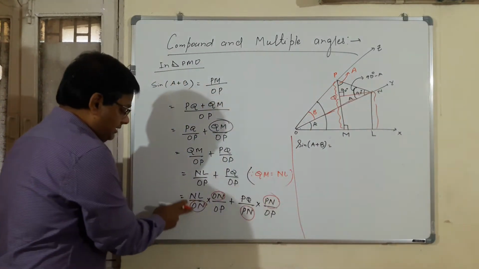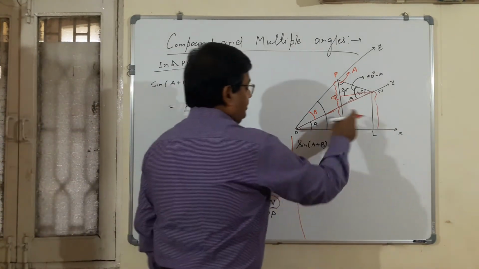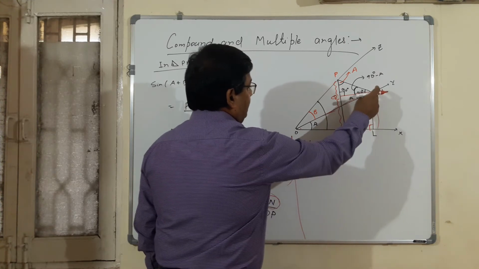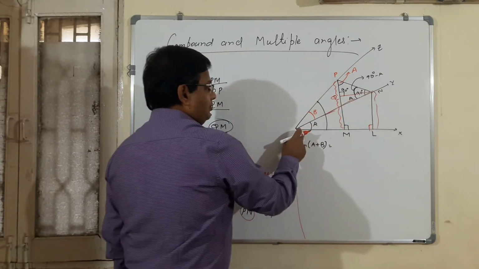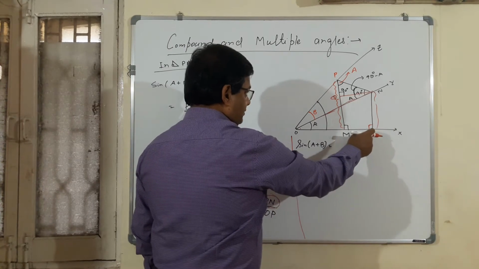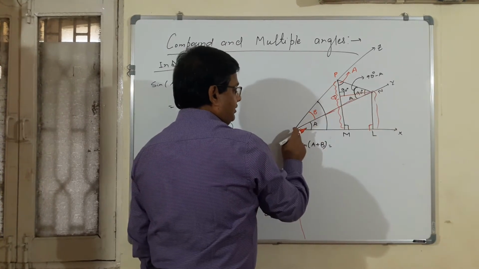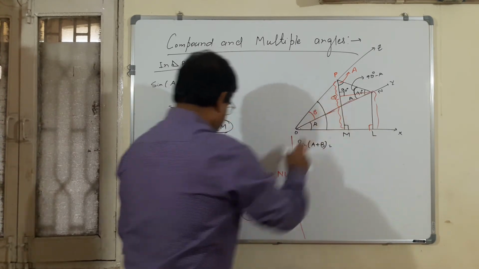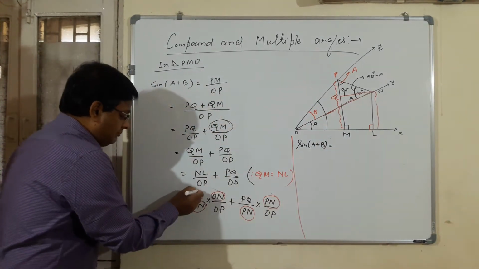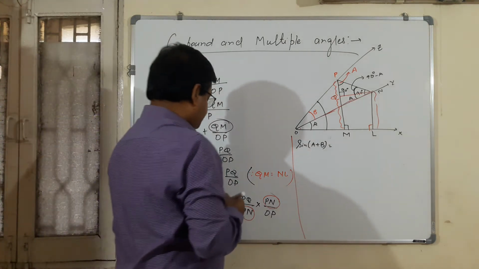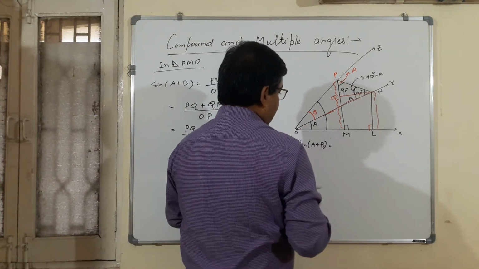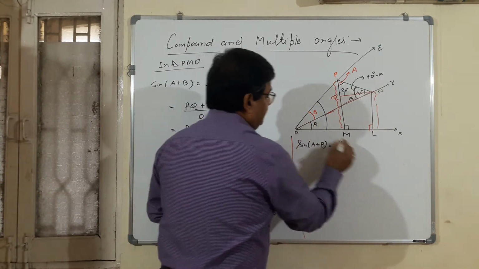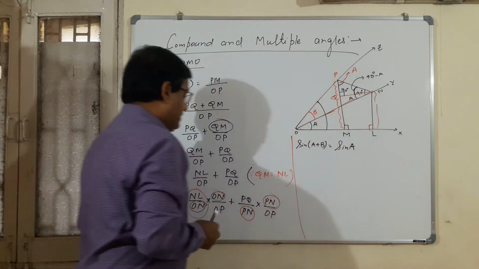So in right triangle OLN, NL is the perpendicular and ON is the hypotenuse. So perpendicular divided by hypotenuse is sine. So this one becomes a sine. What is the angle? Angle is A. So sine A.